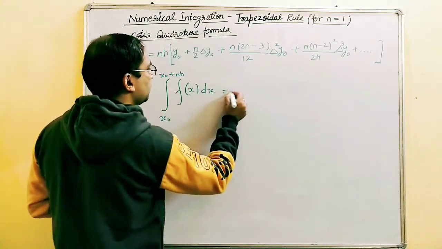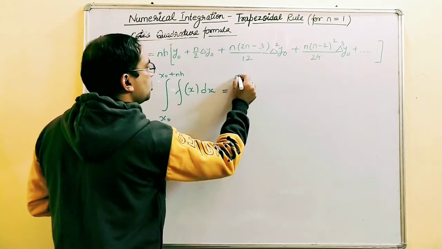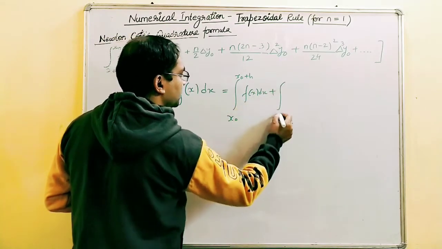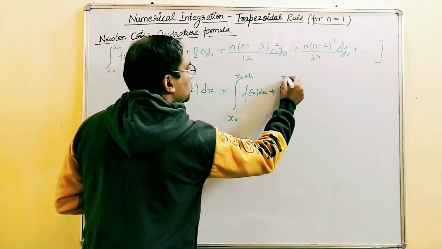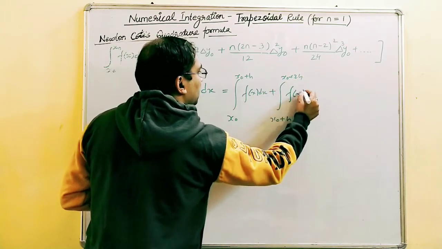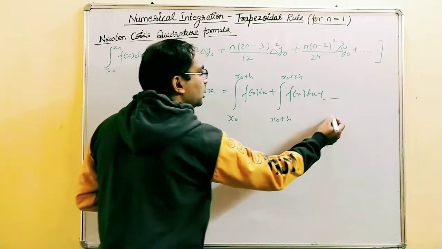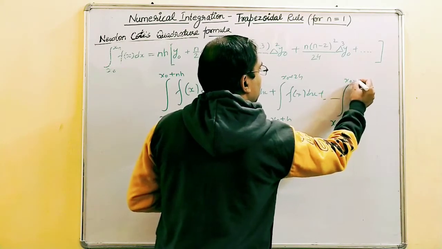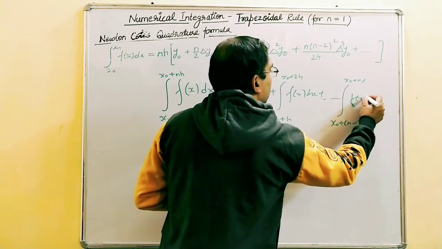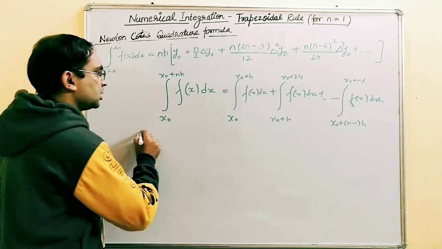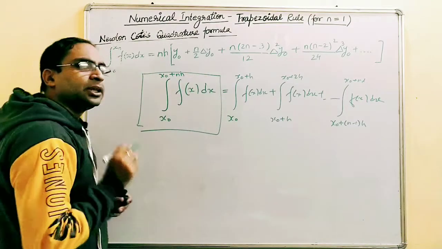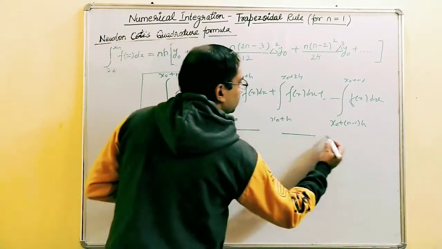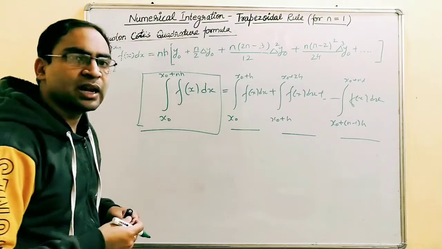So this can be written as the integral from x0 to x0 plus h of f(x) dx, plus the integral from x0 plus h to x0 plus 2h of f(x) dx, plus and so on, up to the integral from x0 plus (n minus 1)h to x0 plus nh of f(x) dx. So this larger integration can be written as the sum of these sub-intervals, where we have the data set values given in the table.